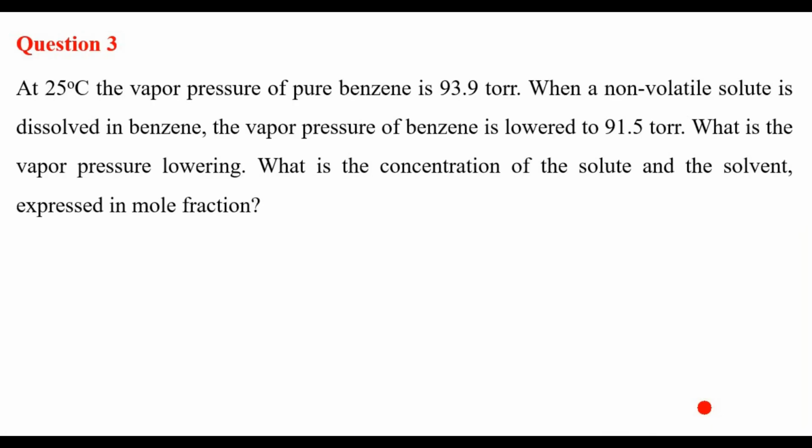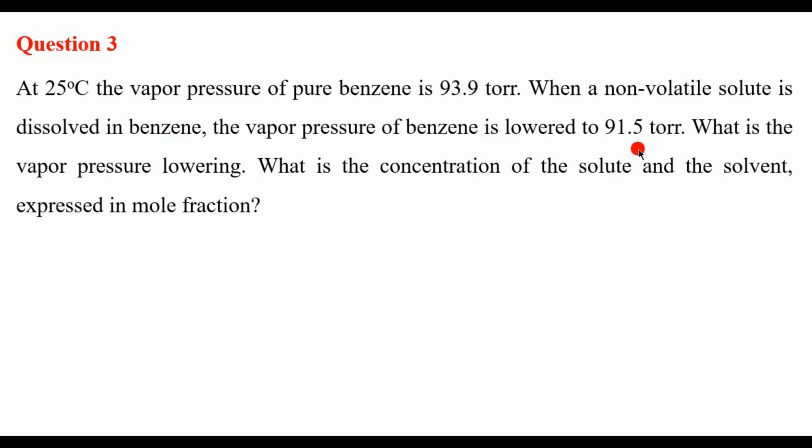Question number 3 says, at 25 degrees Celsius, the vapor pressure of pure benzene is 93.9 Torr. That means you have the vapor pressure of the pure solvent, which is 93.9 Torr. Then they say when a non-volatile solid is dissolved in benzene, that means benzene is the pure solvent, and they are adding a non-volatile solid, the vapor pressure of the benzene is lowered to 91.5 Torr.